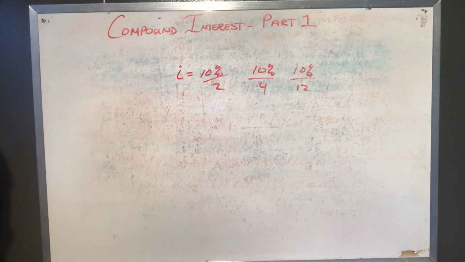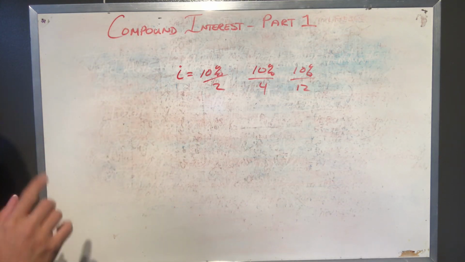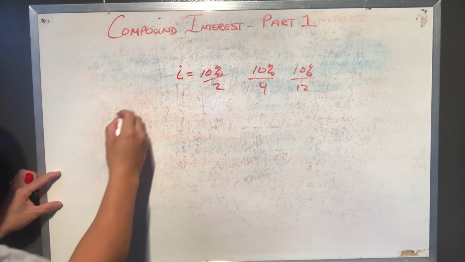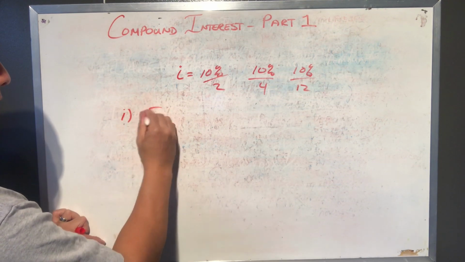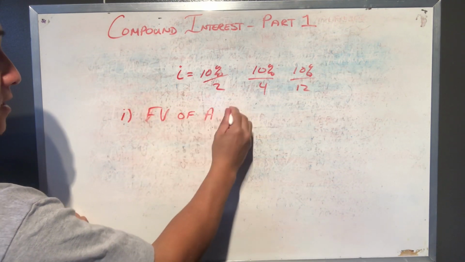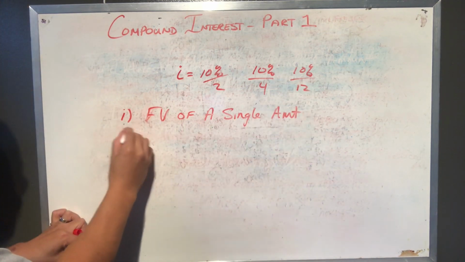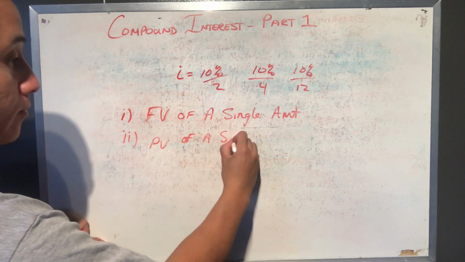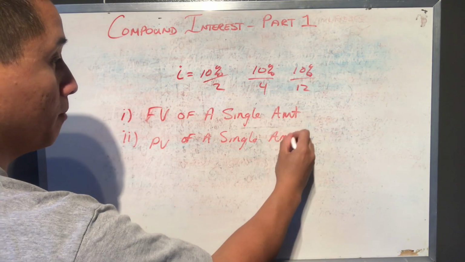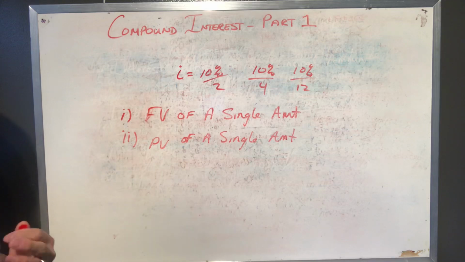Now there are 4 different scenarios that we're going to be looking at. In this first part, we will be looking at future value of a single amount, and we'll also be looking at present value of a single amount, as opposed to parts 3 and 4, which will be done in part 2 of compound interest, where we'll be dealing with annuities.